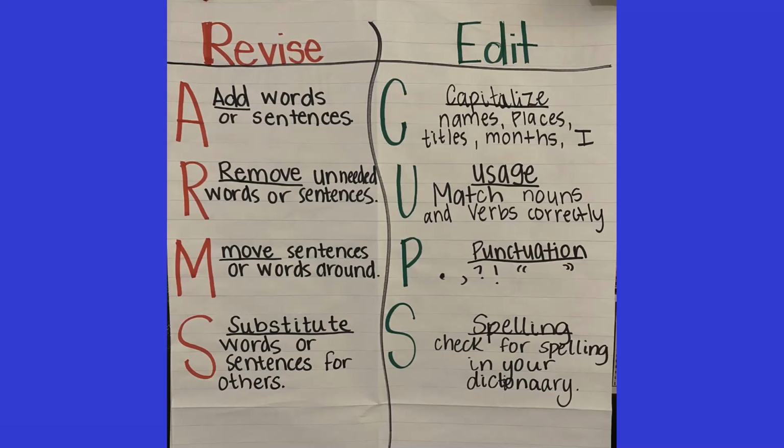So meaning making sure that you're using the proper nouns that make sense with the proper verbs. So if you're talking about multiple dogs playing with one toy, just making sure that you are using the correct forms of that. Then punctuation, obviously, making sure you are using commas, question marks, exclamations, quotations, and periods as well. And then S, spelling, making sure your spelling is correct using a dictionary to help you.